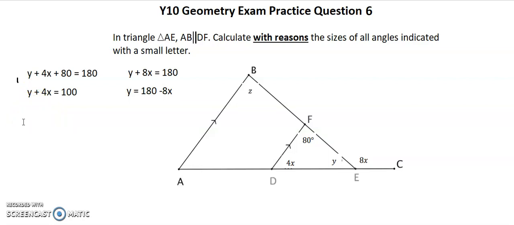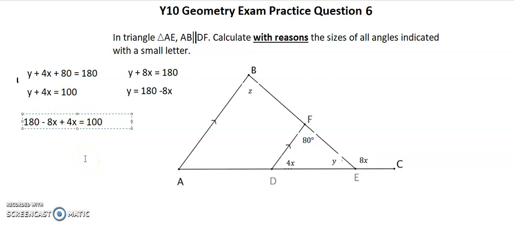So that means I have y is 180 minus 8x, so 180 minus 8x, and I'm then plussing 4x, and that is equal to 100.